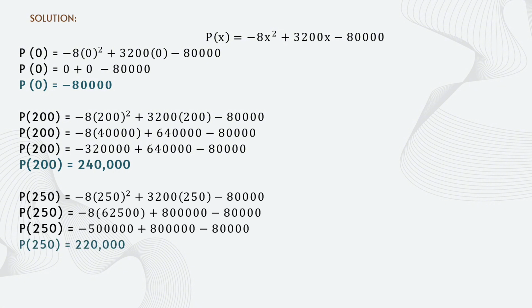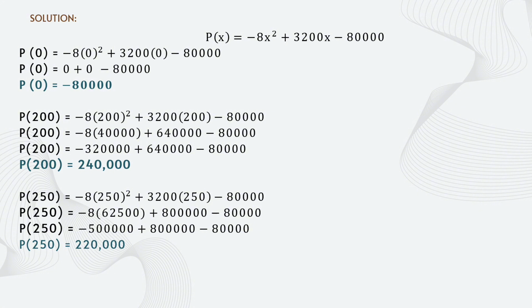Now let's have the 250 as our x. This is the maximum of our range. Now 250, we will plug this into our profit function. P(250) = -8(250)² + 3,200(250) - 80,000.